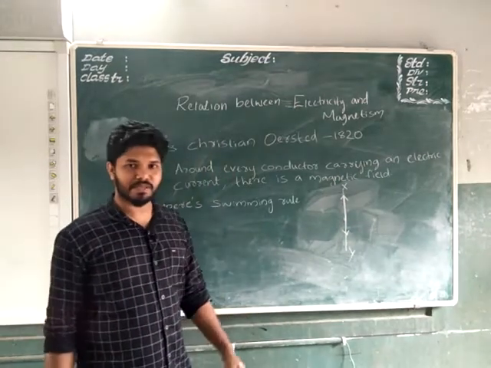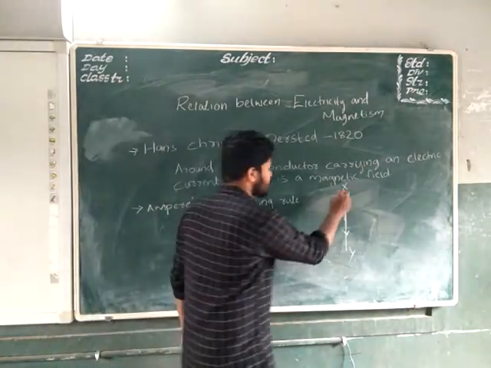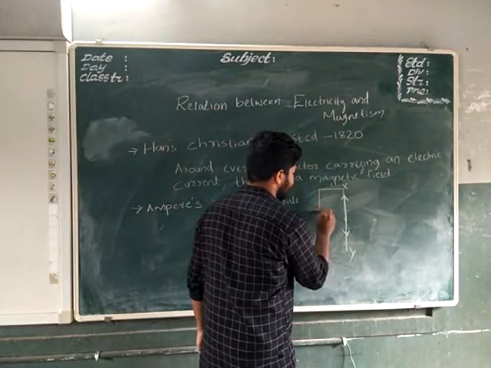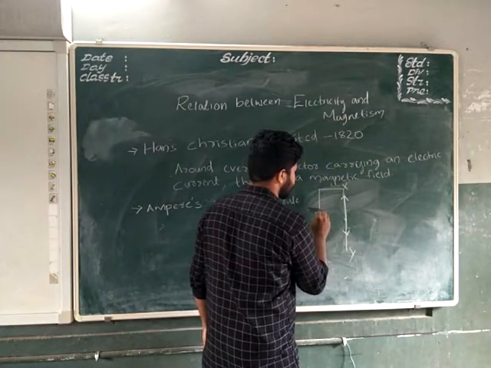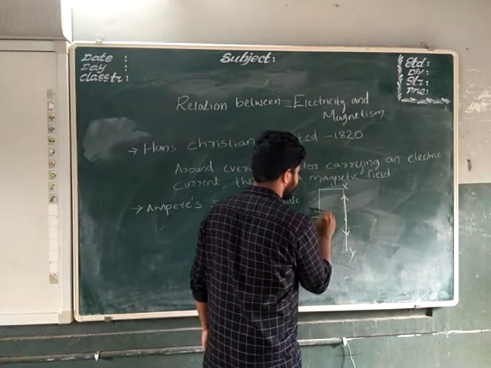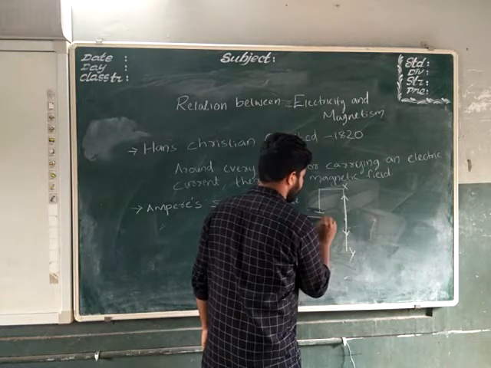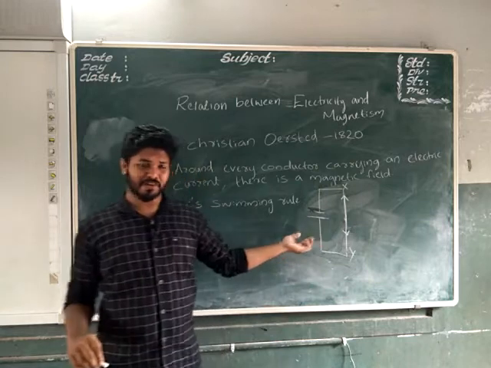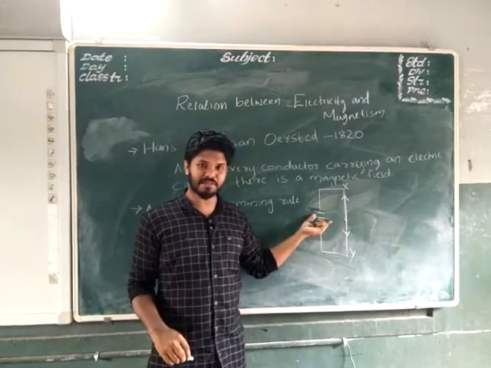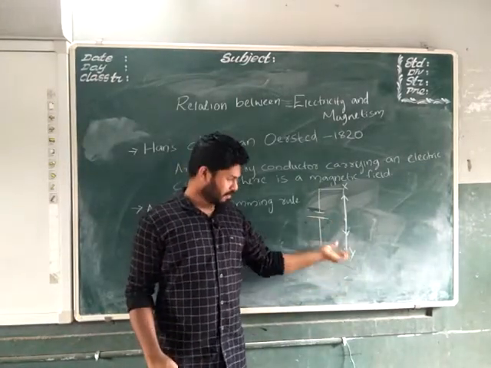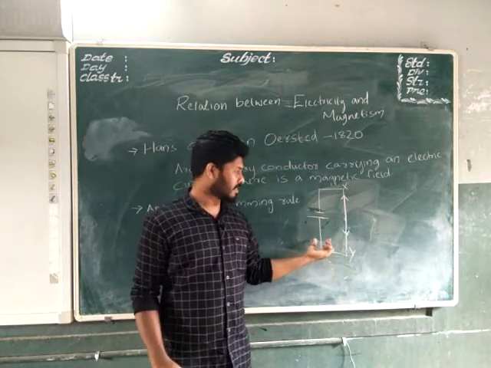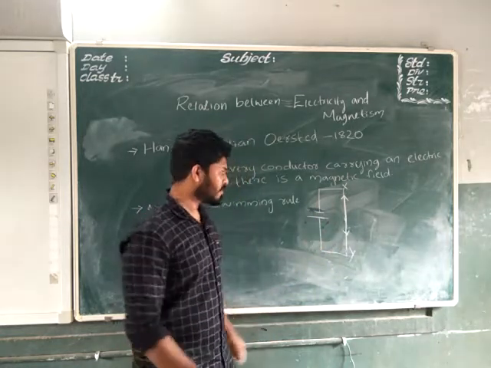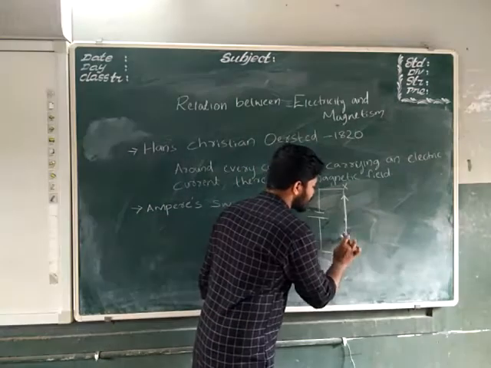What he saw is, this was connected to a conductor. I am giving just an electric cell. If it is connected to an electric cell, electricity will be passing over this conductor, isn't it, from positive to negative.